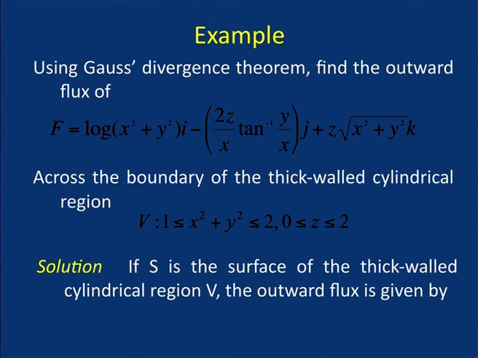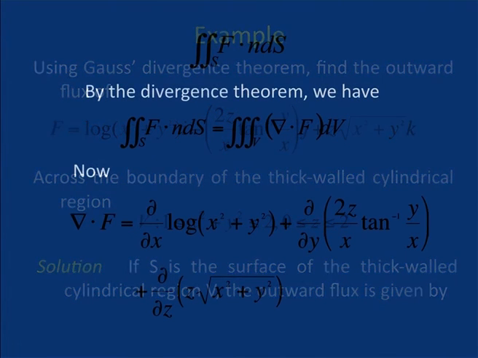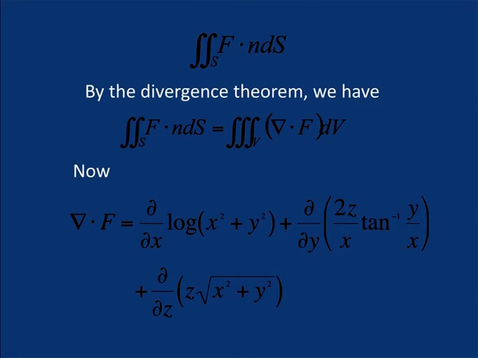If S is the surface of the thick walled cylindrical region V, the outward flux is given by the double integral over the surface S of f dot n ds. By the divergence theorem, this becomes the triple integral over the volume V bounded by the surface, and the integrand here is divergence f dV.